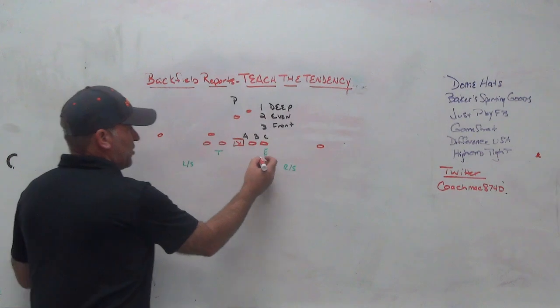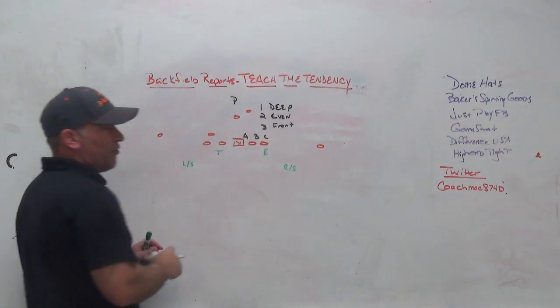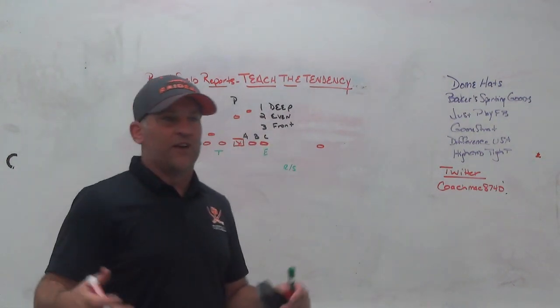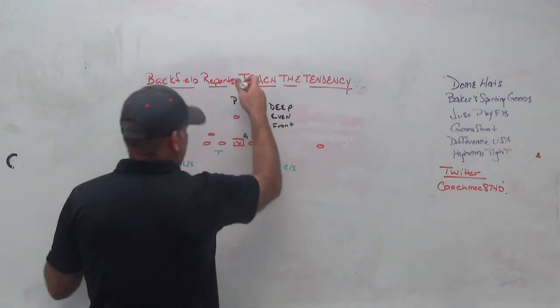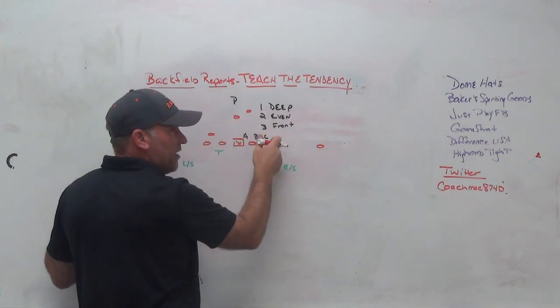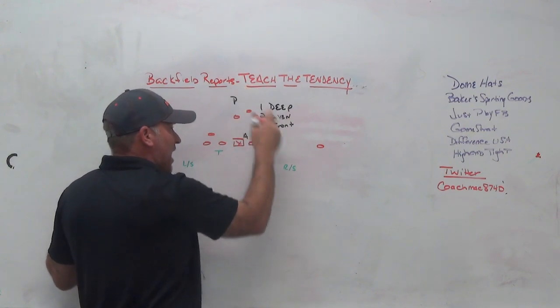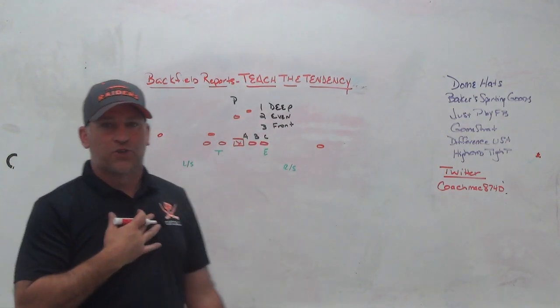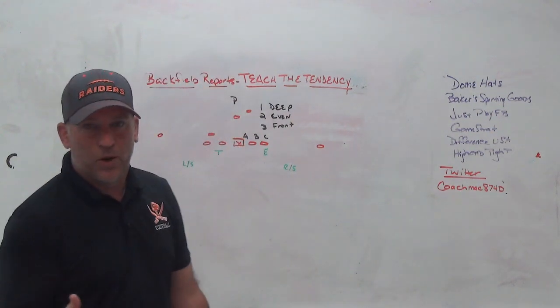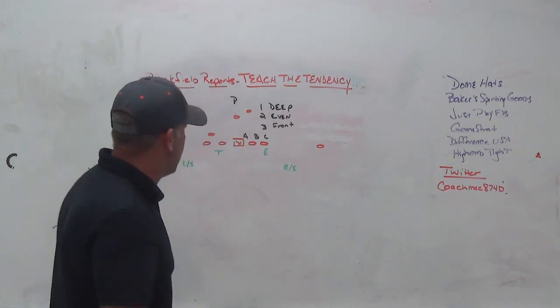So the end that's on this side, if they're a read team, if there's somebody that is going to read a 5 technique or somebody, when he's deep, am I going to be the guy that they read? So now that I know if the back is on my side and he's deep, I've got to be ready to understand what my responsibilities are versus option football, depending on the call that we make on defense.